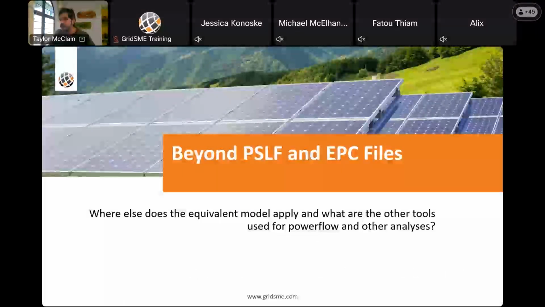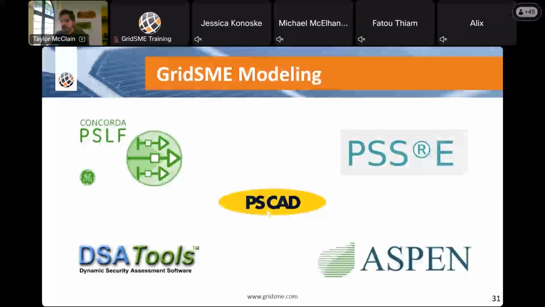And so with that, we've gone through now how this looks in the PSLF EPC file, but it's important to note that this is not the only equivalent modeling, and modeling in general obviously is not specifically related to PSLF or the EPC file. You'll see here equivalent modeling is used for all of these types of modeling. You'll hear of ETAP, which is another short circuit modeling tool. It does a number of things.